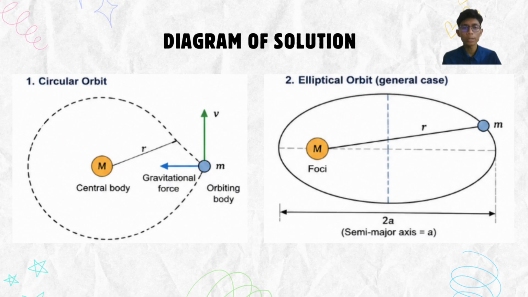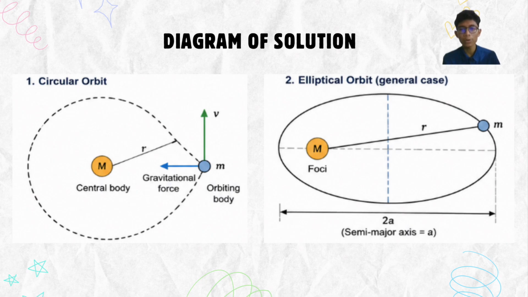For the diagram based on the question and the solutions, on the left side is a circular orbit. In this case, the orbiting body, labeled small m, moves around the central body, big M, in a perfect circle with a constant radius, represented by r.